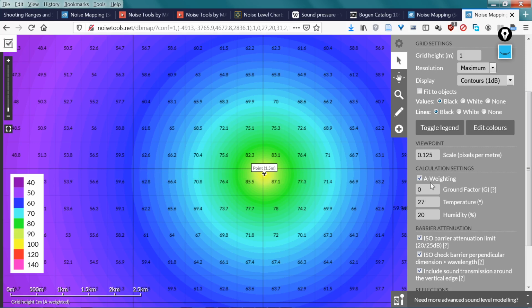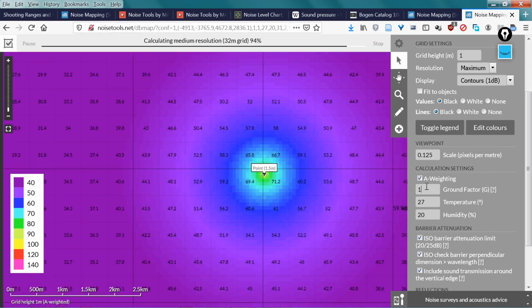But if you were to do that same thing over grass by changing the ground factor to 1, then to get down to 60 decibels, which would be this little area right here, shoot, that's only half of one of those squares.